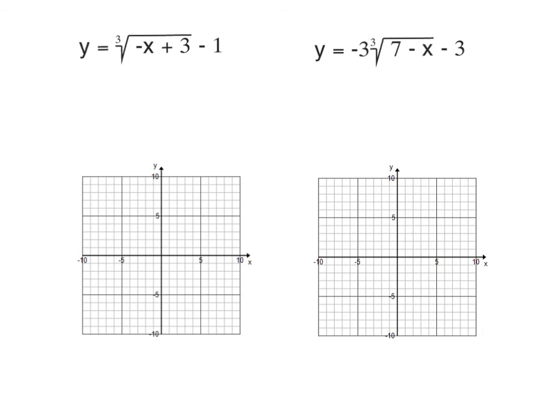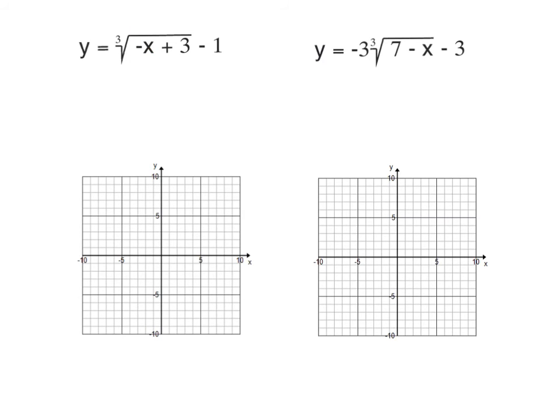Okay, I'm going to do one more example with you to remind you what happens when x is negative, and then I'm going to ask that you do this last example on the right on your own by first rewriting it in 2 steps, and then graphing it and checking to see how you did. So this first one, remember, anytime that x is negative, we want to factor that out.